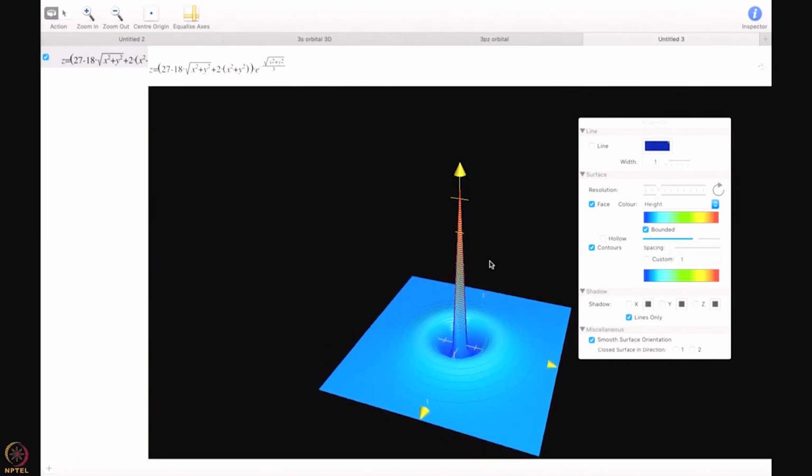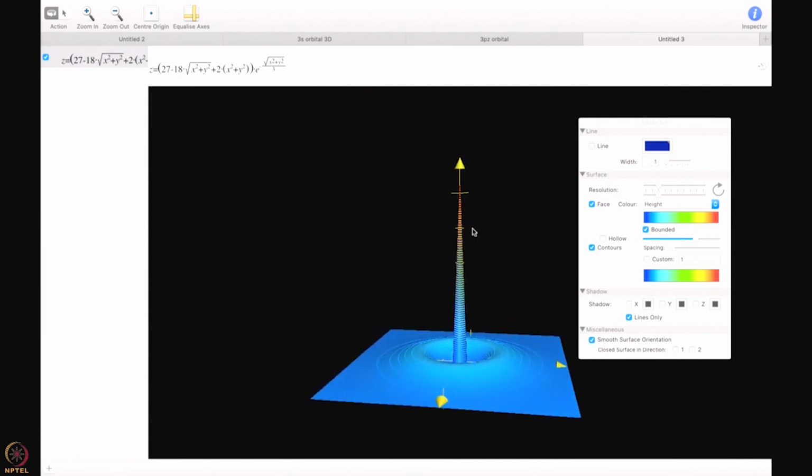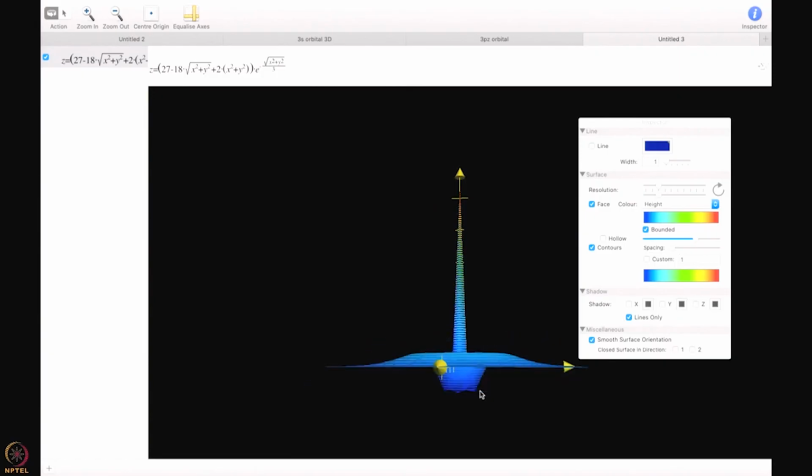Okay, this is the 3s orbital. At first look, it might look exactly the same as the 2s orbital, but actually it is not. You see, we have this sharp part for small values of r, then it goes through this first node and becomes negative, and then goes to the second node and becomes positive. Do you see this?